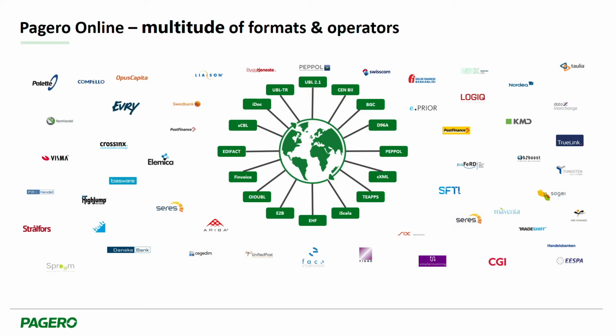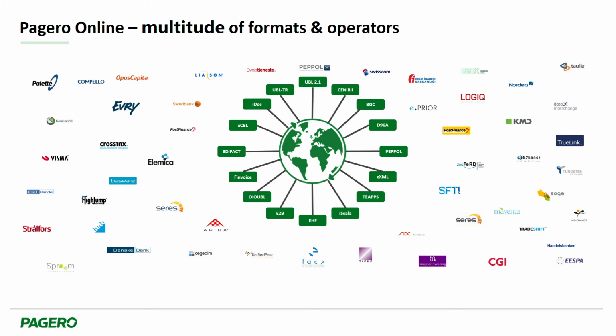So we're not just distributing the invoices electronically, we're also converting all documents that go through the platform. So we sort of work as a translator in between, and this really makes it possible to scale and for you guys to connect hundreds or thousands of customers using a variety of services and formats.